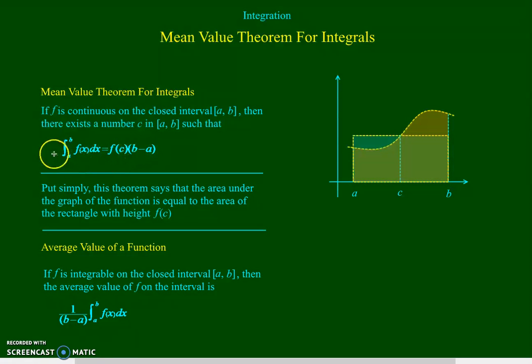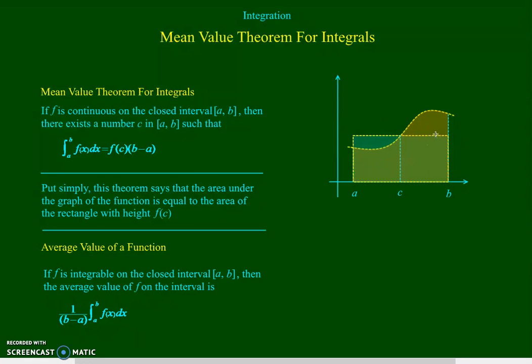This f of c equals 1 over b minus a times the integral of f of x dx. So that tells us that the function f evaluated at c equals this average value of the function. In other words, this height here, this level, is the average value of the function.